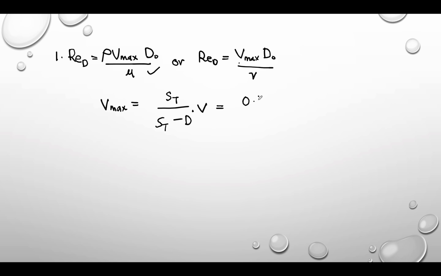ST is 0.05, divided by 0.05 minus 0.015, and then you times with 4.5, your mean velocity of air at inlet. And you will get the maximum velocity equal to 6.43 meters per second.